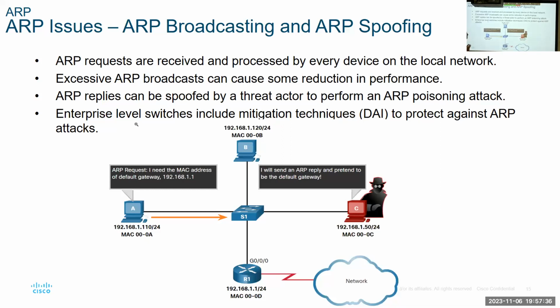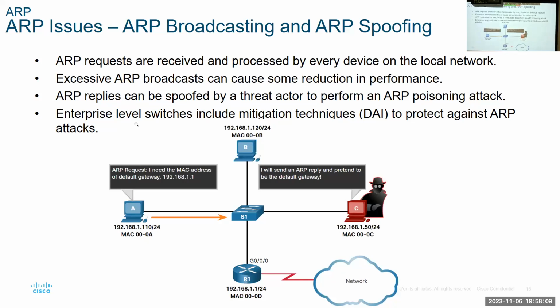Yeah, DAI is enabled on a switch, then if an ARP reply comes from a port that the switch identifies as not being where that actual MAC address lives in the LAN, it can block it. But that's an advanced feature of a switch. Your Walmart 1999 switch isn't going to have that capability.